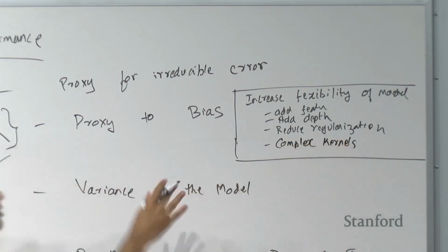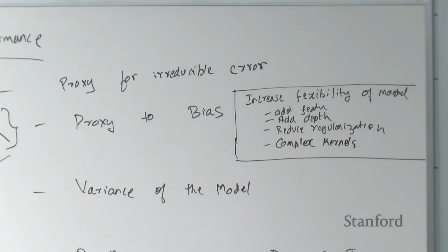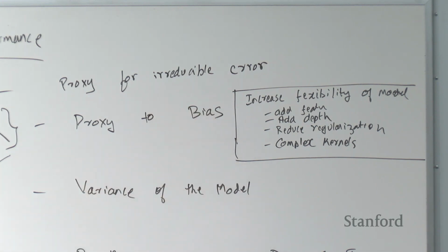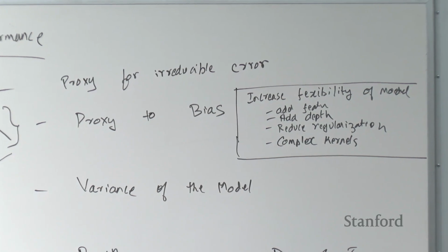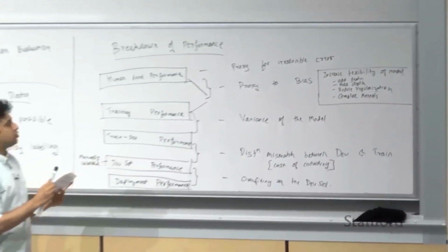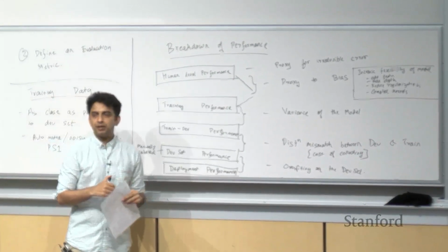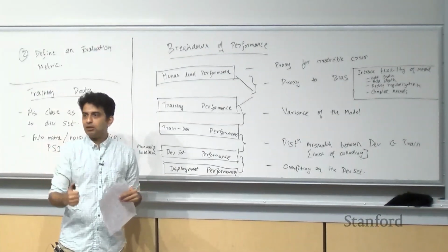So these are standard approaches for fighting bias. If your model has high bias, then these steps will help you fight bias. And if you remember, bias is due to the inability of the model to represent the true function or the best possible function.